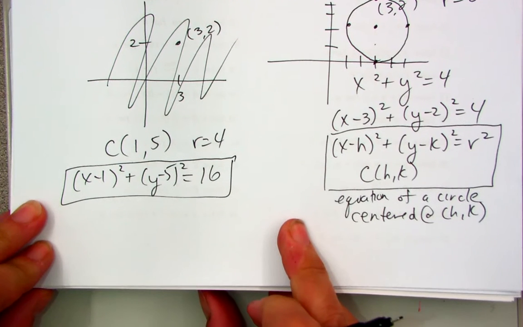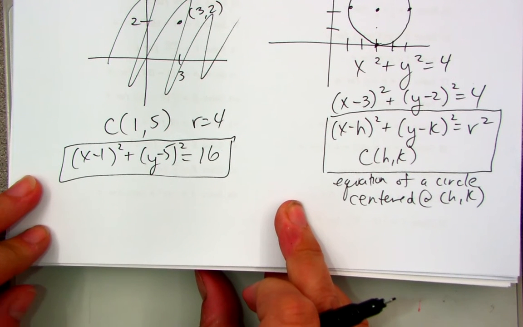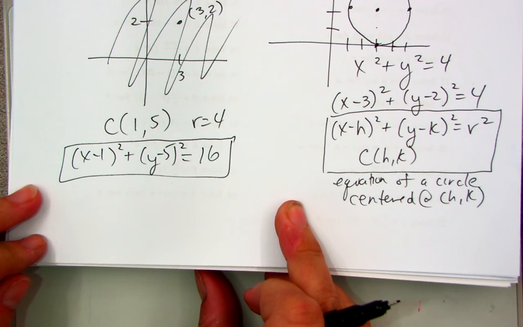That should be what you got. x minus 1 quantity squared plus y minus 5 quantity squared equals 16.